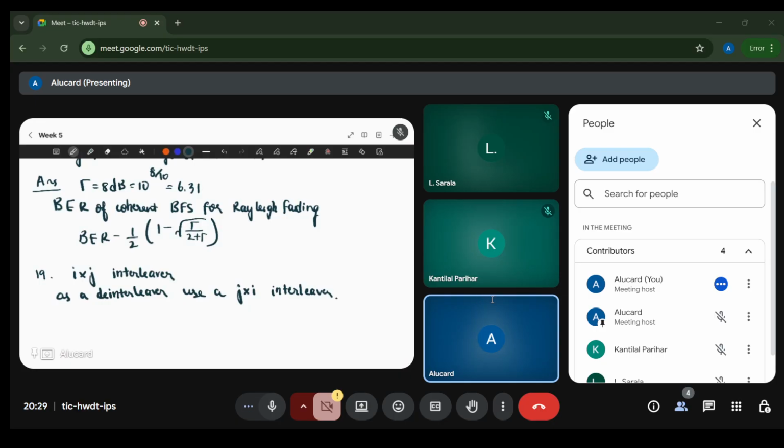That's all. So the j by i interleaver will do the exact reverse process of the i by j interleaver.